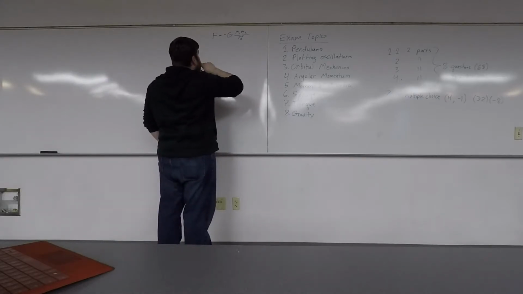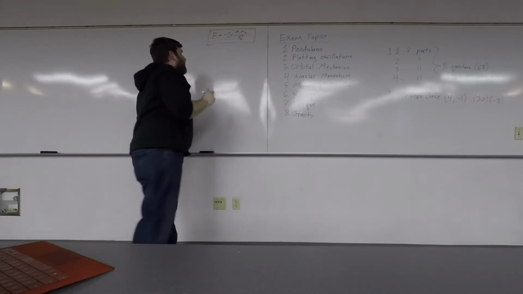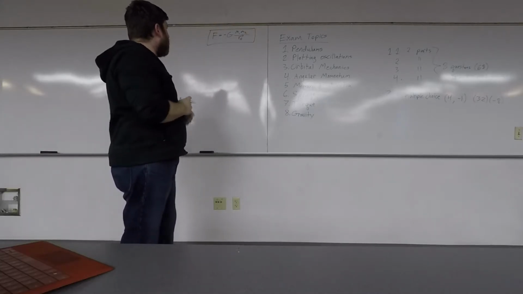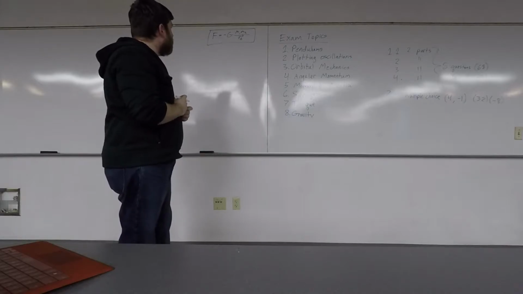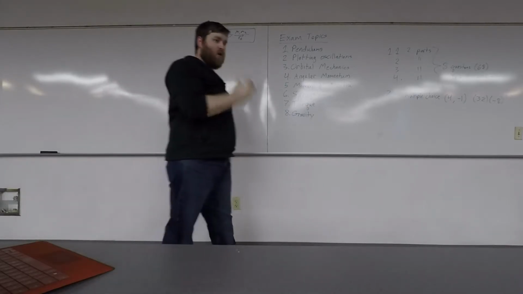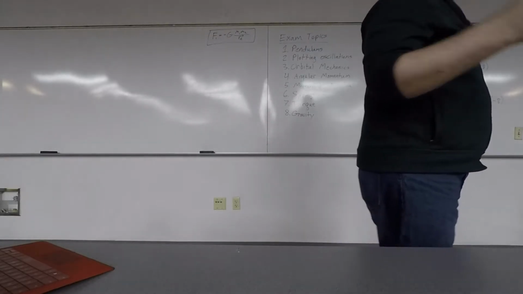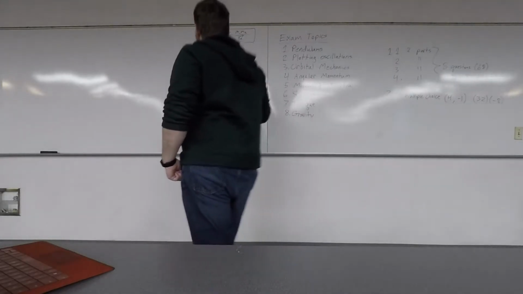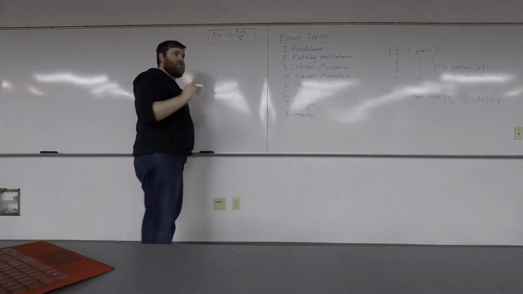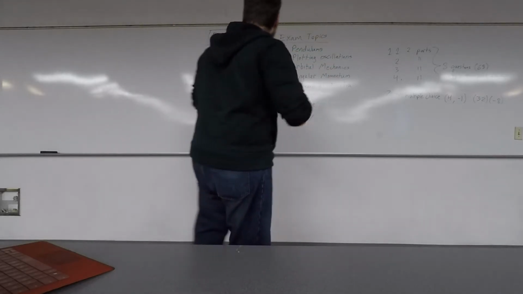It's the gravitational force on one object caused by another object. And typically this is going to be a 1 as well. So it's a force on mass 1 with respect to mass 2 and the distance between them. And it's negative because it's attractive, so it wants to go towards it.